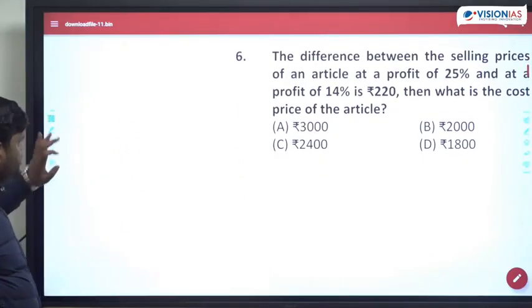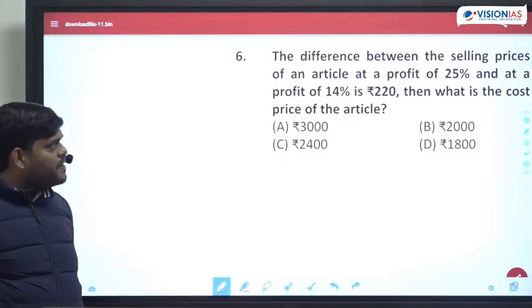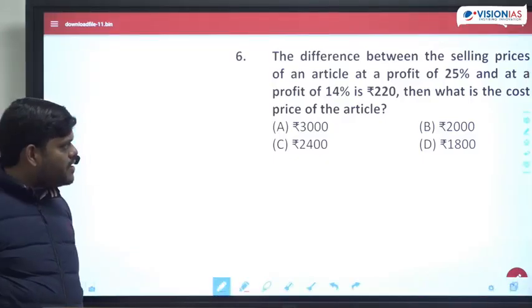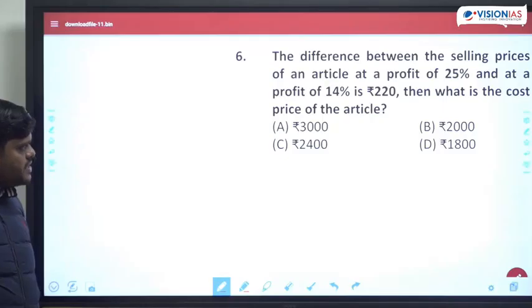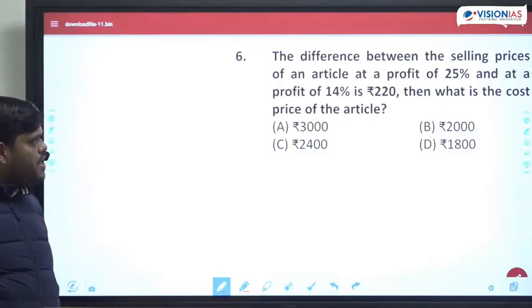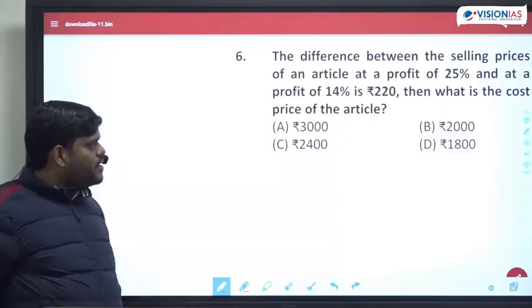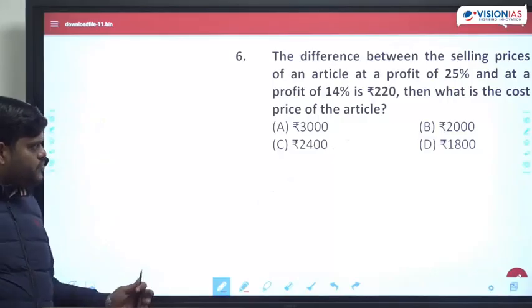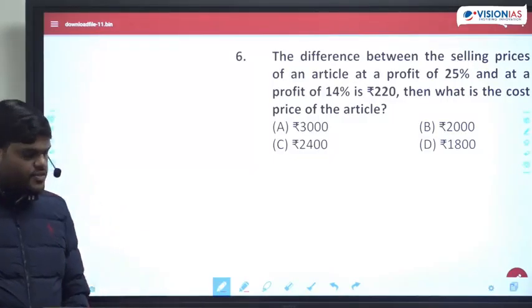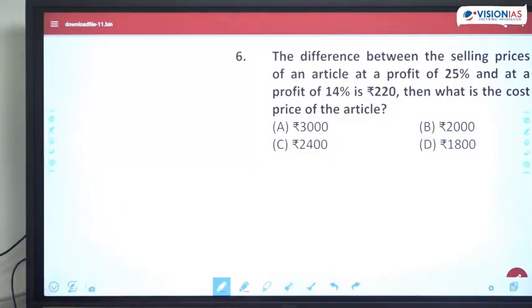Try this question. The difference between the selling price of an article at a profit of 25% and at a profit of 14% is 220. This is a good one. Try this question.